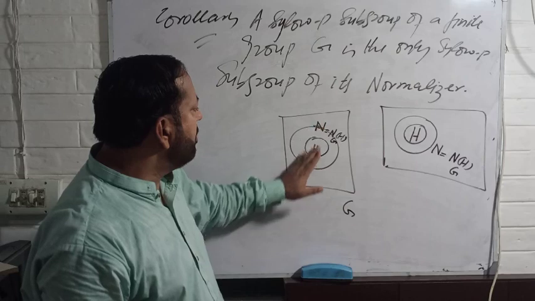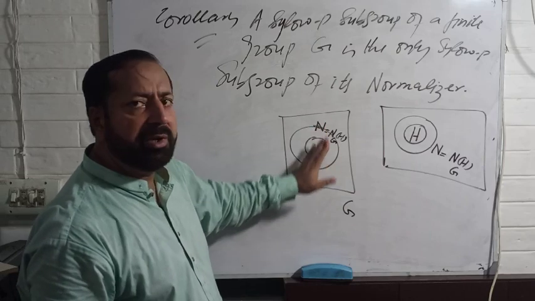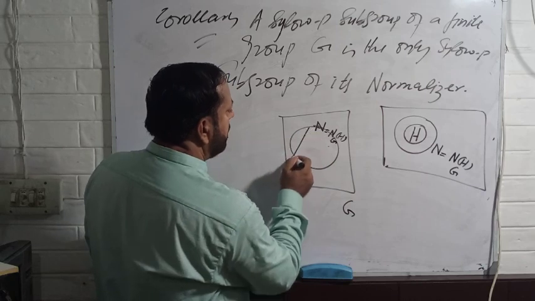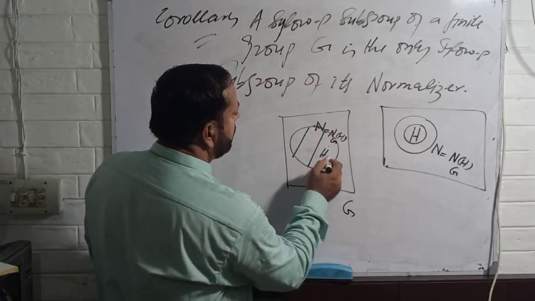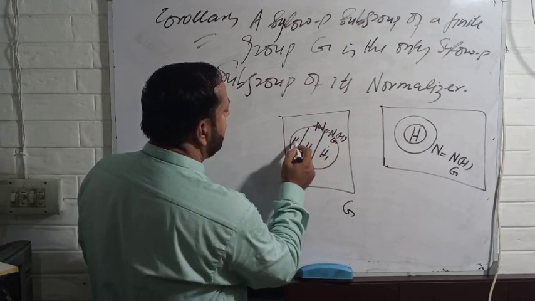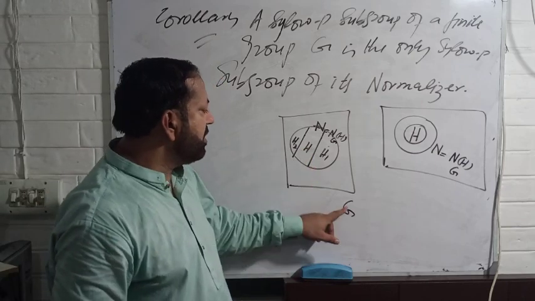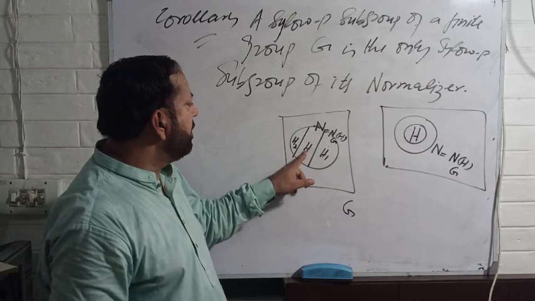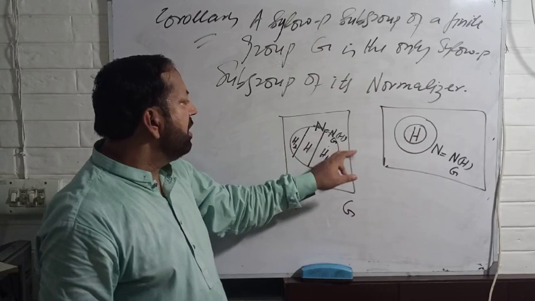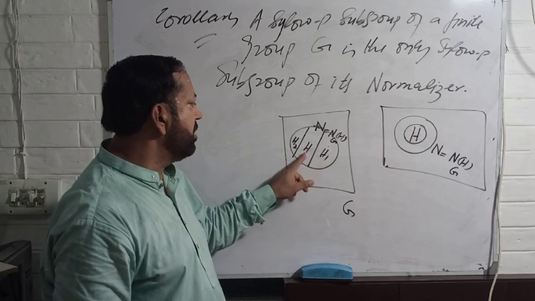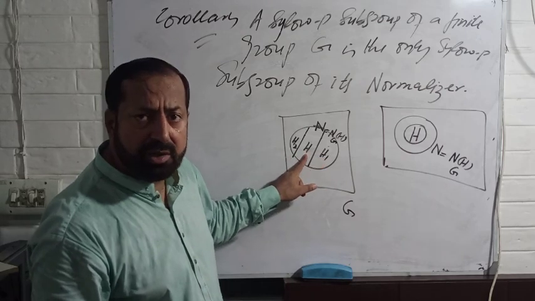Mean that its normalizer cannot have three Sylow P subgroups, like you cannot have a shape of the type H1, H, H2. What does it mean that H was a Sylow P subgroup of G and H is contained in its normalizer, and this normalizer had further three Sylow P subgroups H1, H2, H. Now this is not the case. We are not saying that.